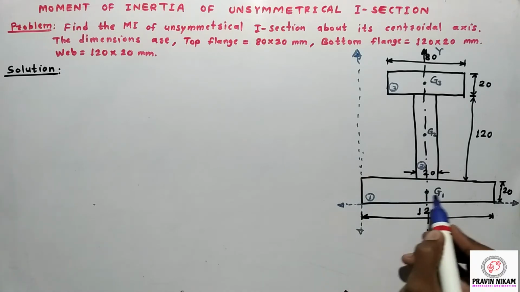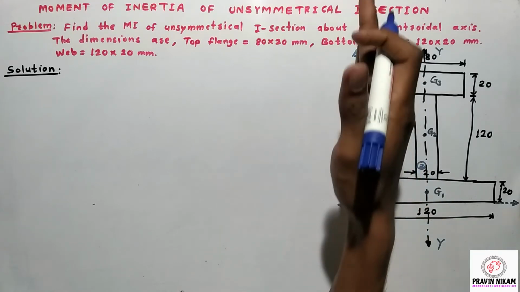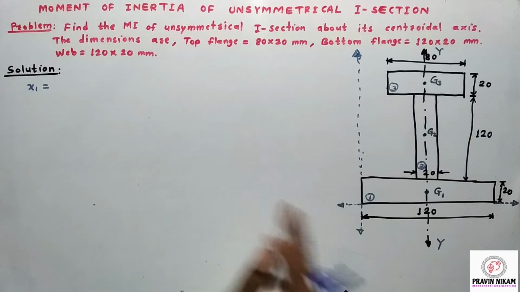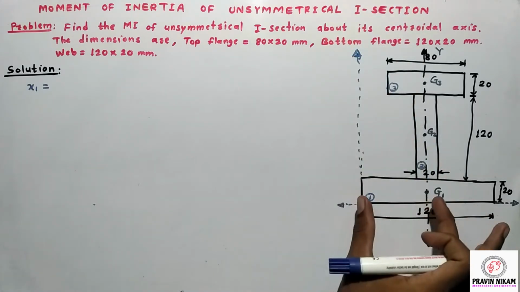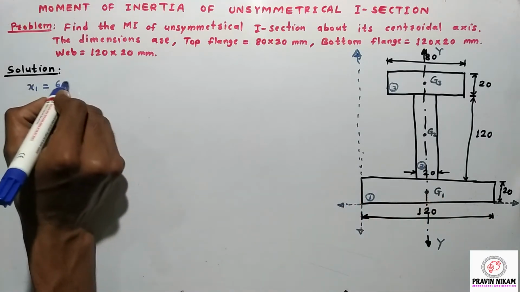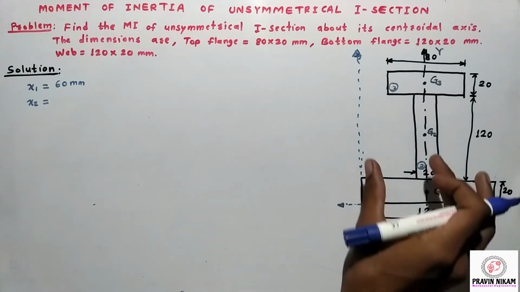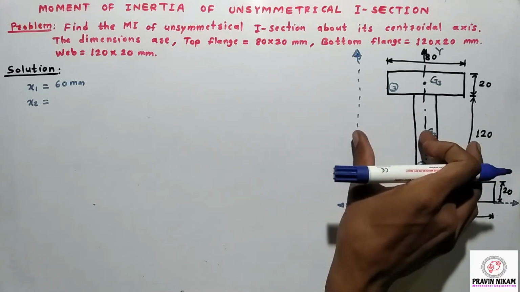Now what is x1? x1 is the distance of G1 from the vertical reference axis. So it is 60 mm. Now what is x2? x2 is nothing but the distance of G2 from this vertical reference axis.